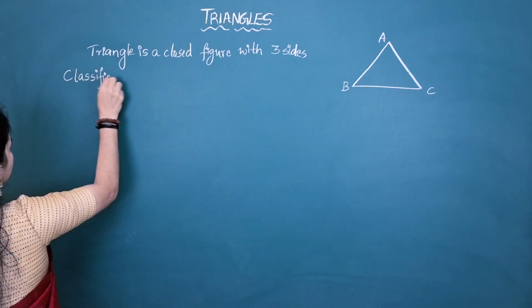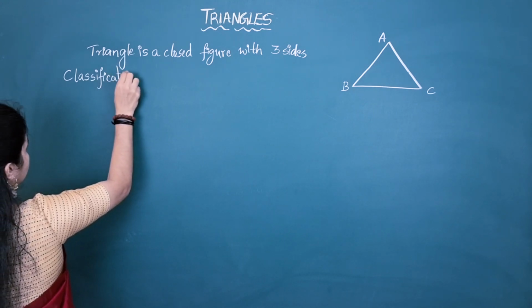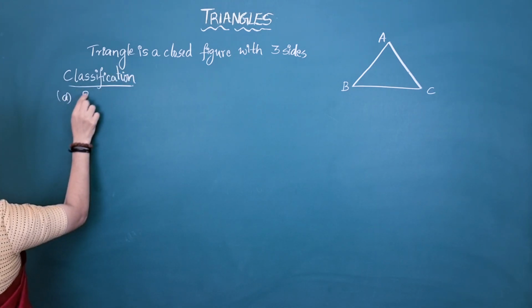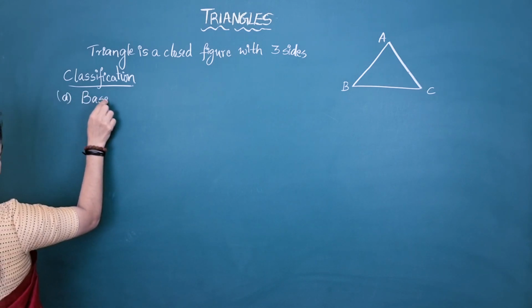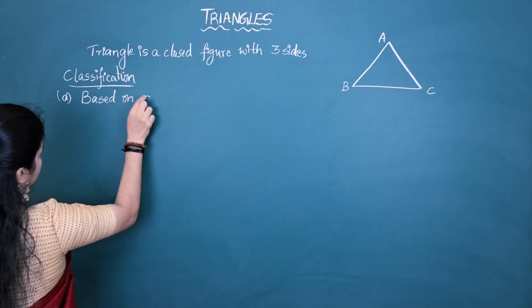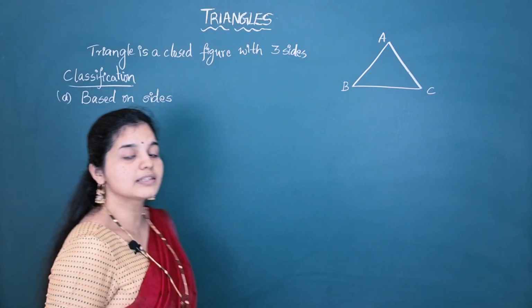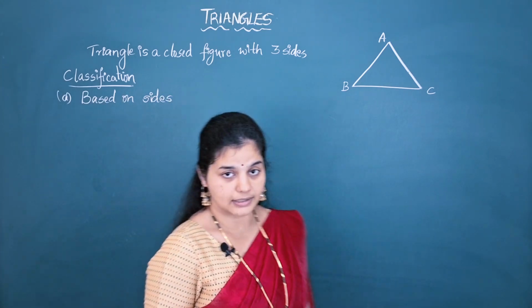Classification or types of triangles you can tell. In that, based on sides, you can classify or divide triangles. Okay.